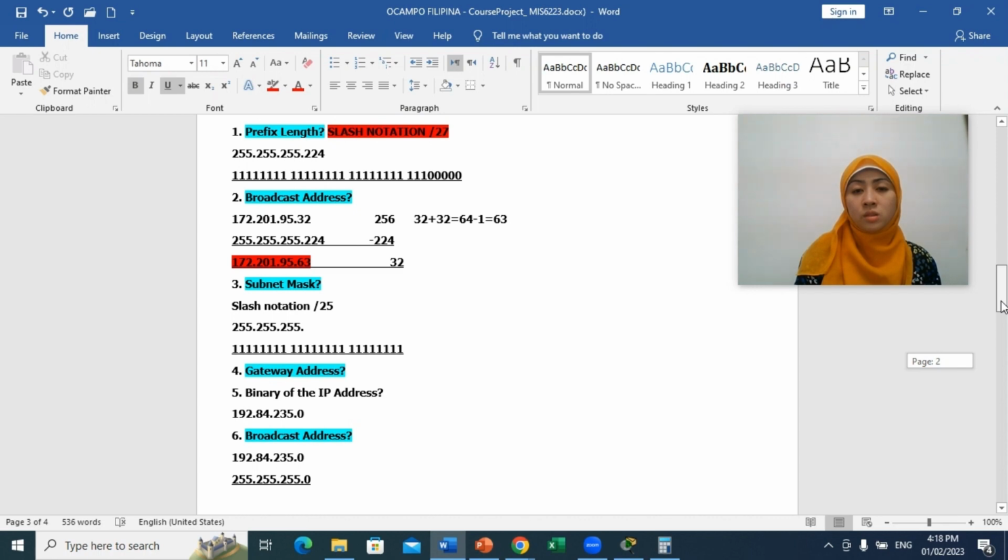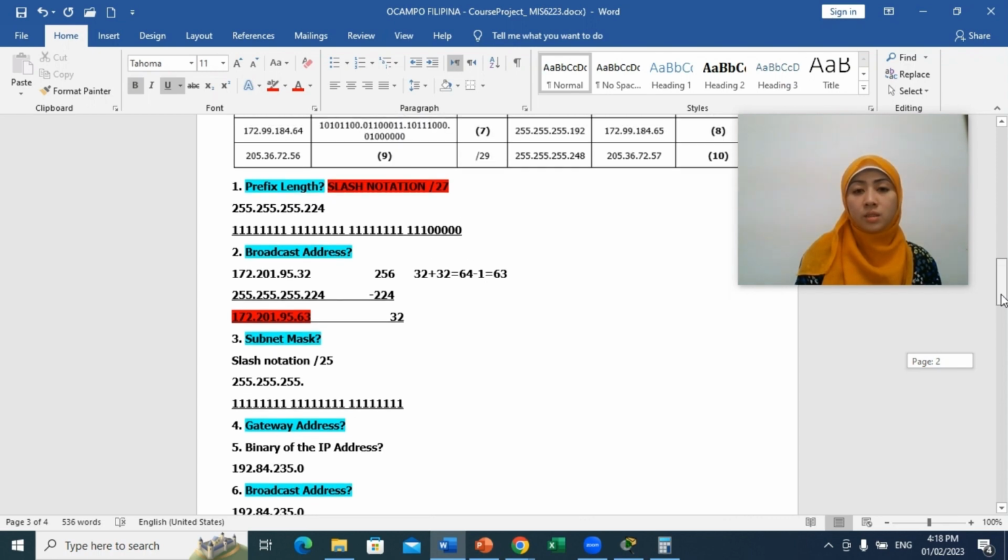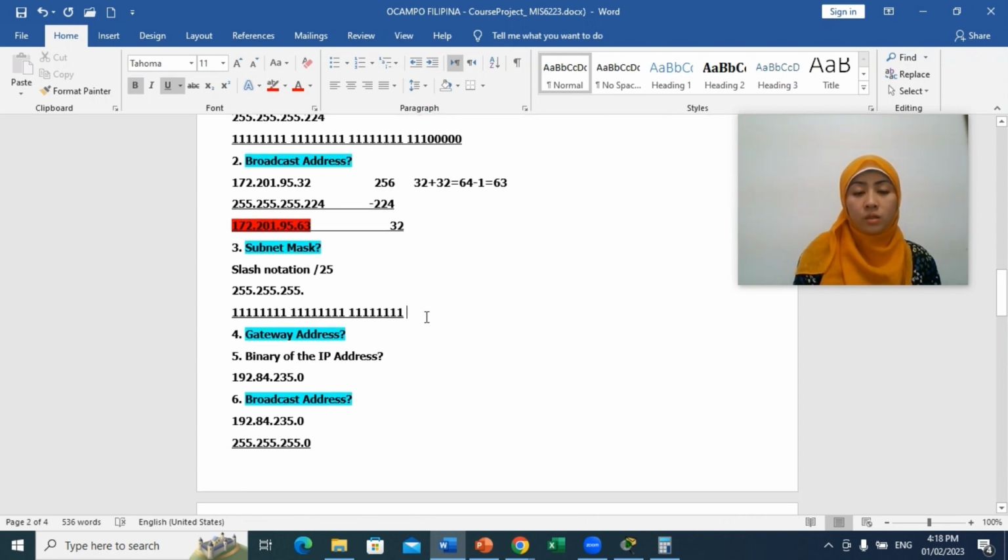One octet consists of 8 bits. So here 128 minus 128 is 0. So we will just put 1 and the rest is 0. So 1, 2, 3, 4, 5, 6, 7, 8. So now we already have the slash notation of 25. 8 plus 8 plus 8 is 24, plus 1 is 25.